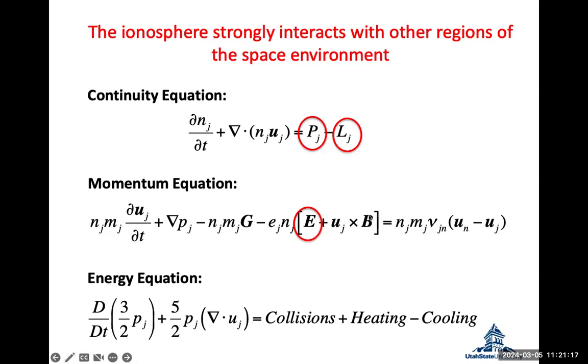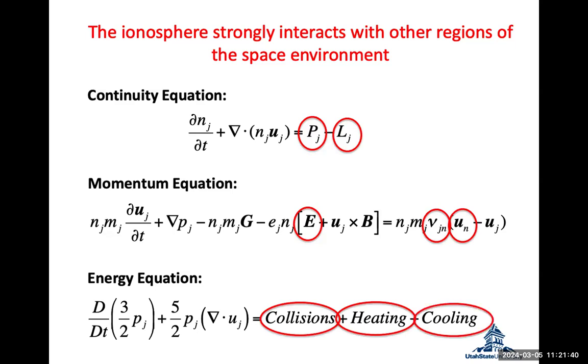But then we have other terms in here. The ion neutral collision frequency tells us again something about the neutrals, the neutral density. We have the neutral wind in here. From the dynamics of the ionization, we can infer information about the winds. Now we have collisions in the energy equation. We have heating in the energy equation, and cooling processes, and all these relate to various external driving forces.